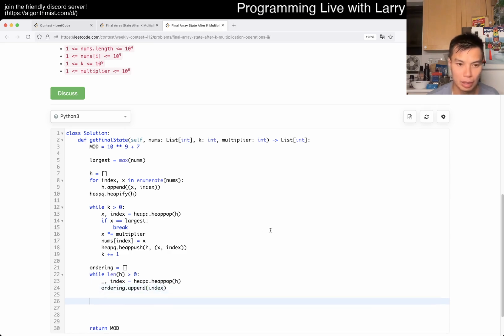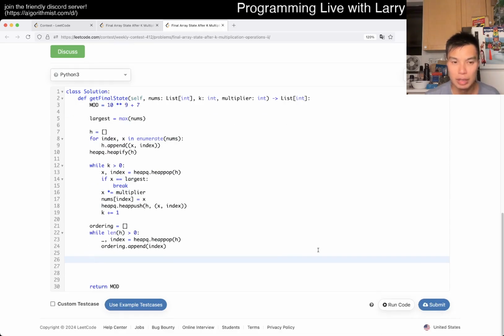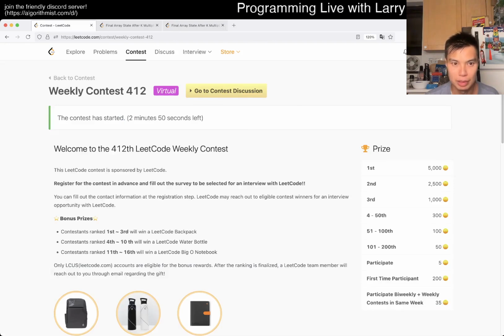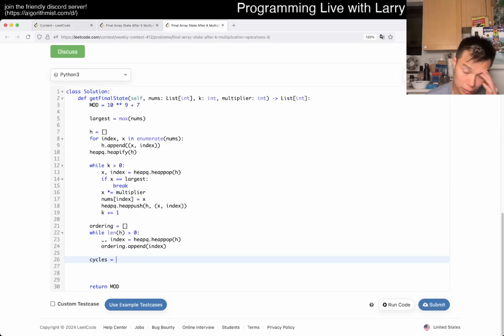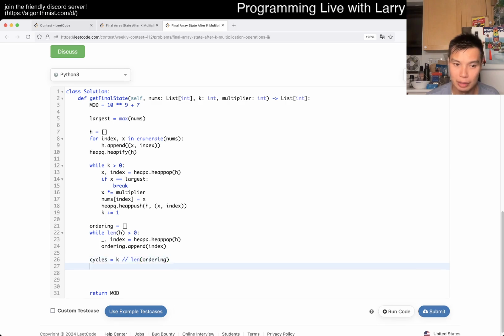Okay, so then now we have k left. We're just going to be out of time, which is a little bit sad, but that's not a big deal. So then cycles is just equal to k left divided by length of ordering, and leftovers is just equal to k mod length of ordering.